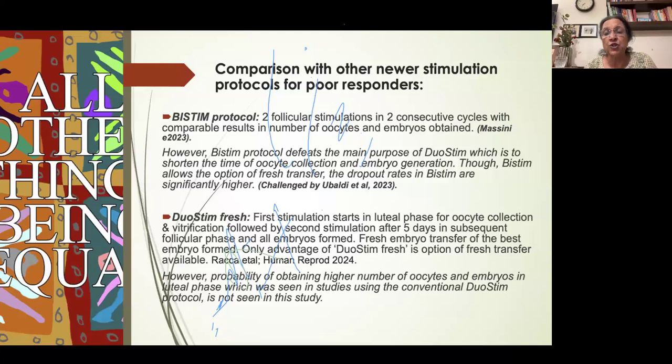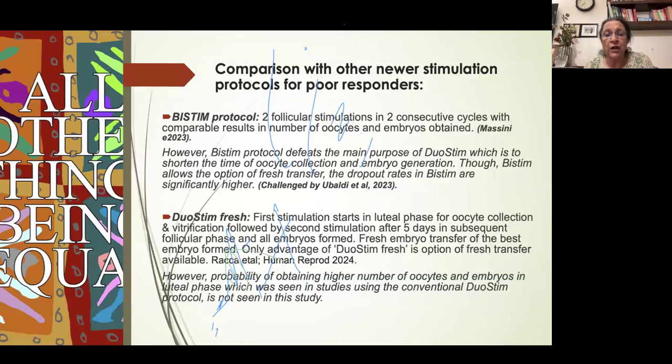Then we'll do a second stimulation after 5 days in the subsequent follicular phase. And then we will thaw all the oocytes, and then they make embryos, and whichever best embryo is formed, a fresh transfer of the best embryo is done. So the only advantage of Duostim Fresh is the option of fresh transfer, but then 2 cycles are gone.